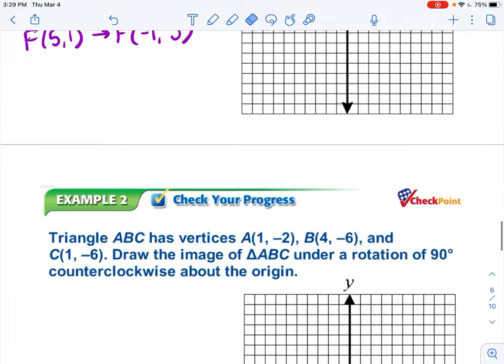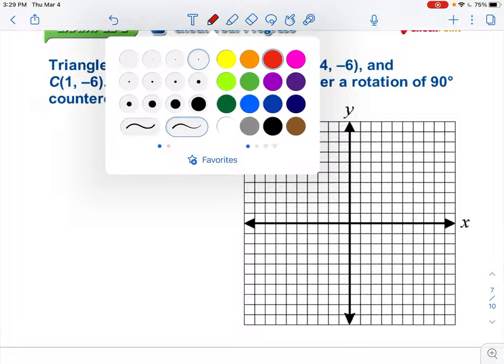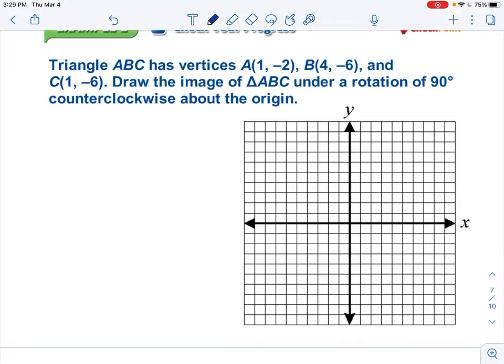We can move on. We have another 90-degree counterclockwise one, so you just follow along. It should go pretty fast. There is my ABC triangle. And I do the same thing as I did before.